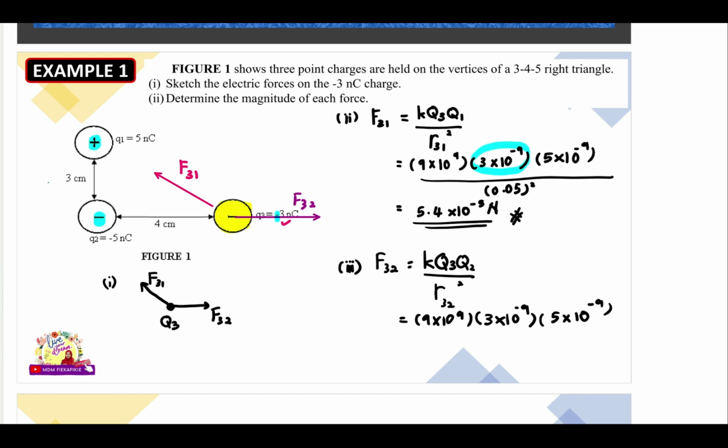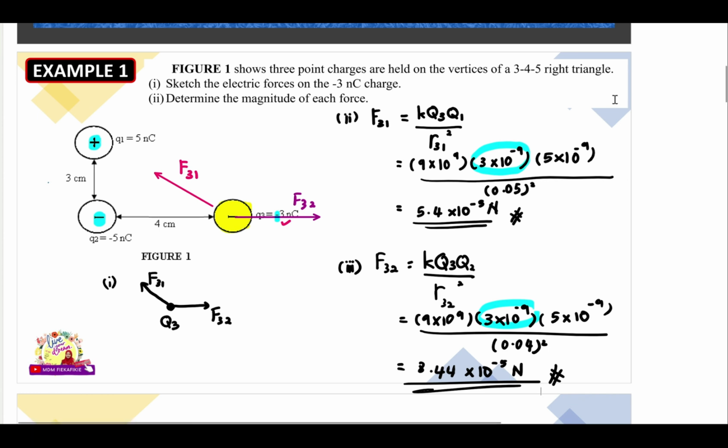Pastikan jangan masuk negative sign ya dekat sini. Okay. So bagikan jarak antara Q3 and Q2 is 4 cm. So 0.04 meter. Tukar. So you akan dapat 8.44 times 10 power of negative 5 Newton. Okay, so this is the answer for F32.